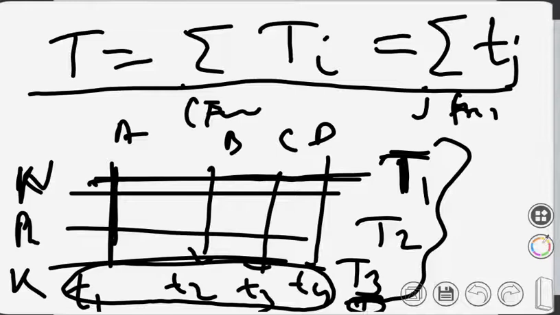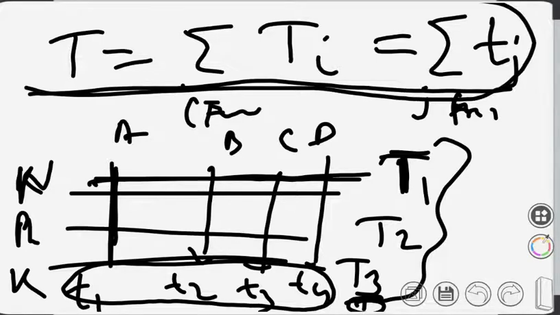So the sum can be obtained by either row or by column. So T is summation of capital Ti, which is for row, and small tj is for column.